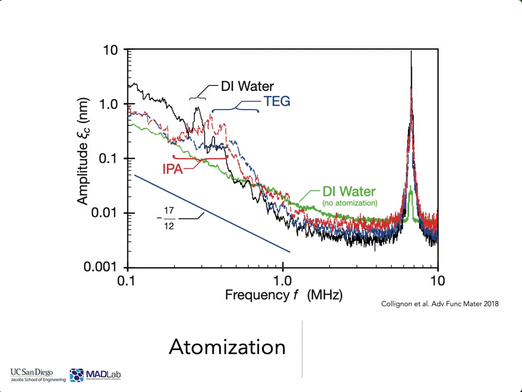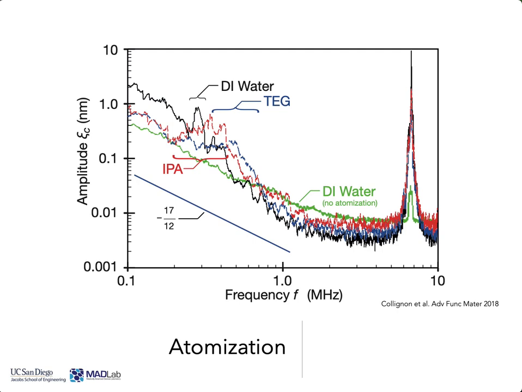Now, curiously enough, the distribution of the amplitude of the capillary wave that we saw before has discrepancies that appear. And those discrepancies appear when we see atomization. So, for example, isopropyl alcohol, triethylene glycol, and DI water, representing a large range of fluid viscosities and properties.